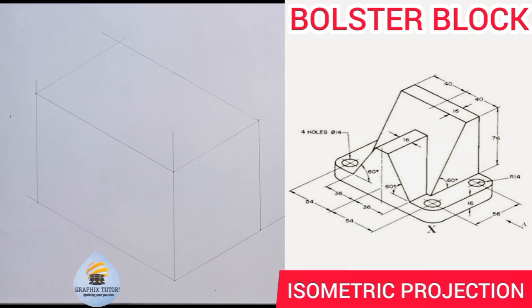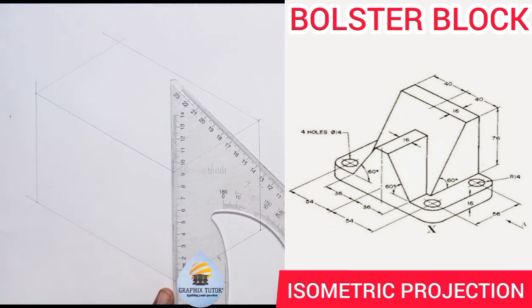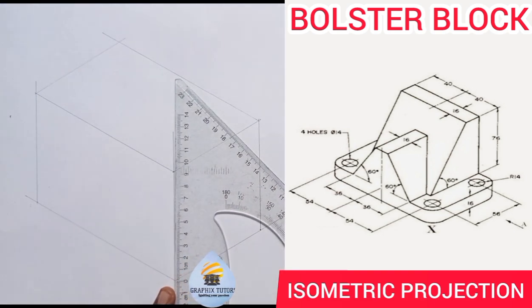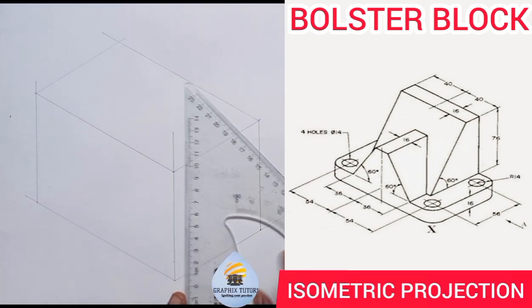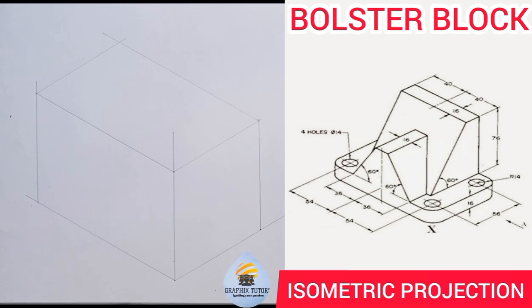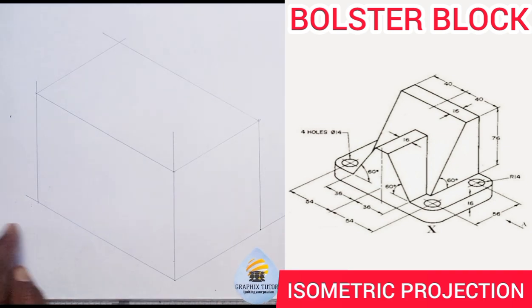From here, I'm going to start carving out the images. The first thing that is easier for me to do is to start from the base here that has a thickness of 16. So I will just measure 16 from the base. So from 0 to 16. This is 10, 15, 16 here. Hope you can see that. Then since I am using my instrument, I don't have to measure 16 in all parts.